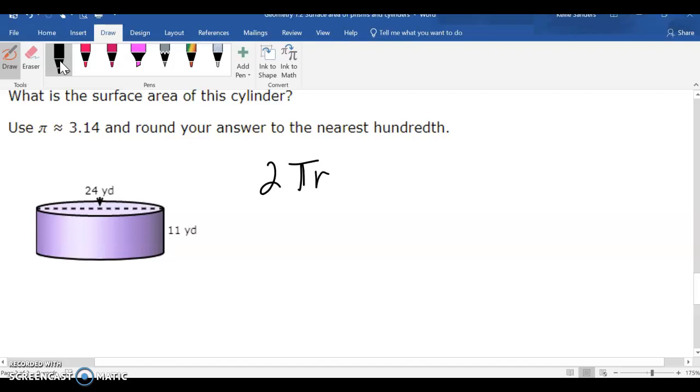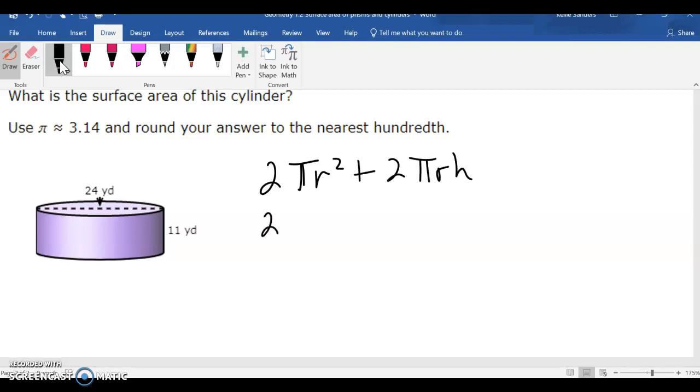Two pi r squared plus 2 pi r h. 3.14. Now your radius is not 24. Your diameter is 24. So what's your radius? 12.